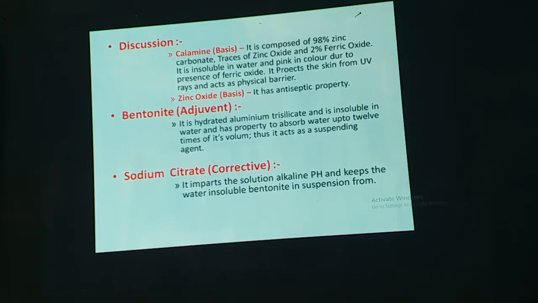Now coming to discussion, that is calamine, which acts as the basis, that is the principal ingredient of the calamine lotion. Calamine is composed of 98% zinc carbonate, traces of zinc oxide and 2% ferric oxide.